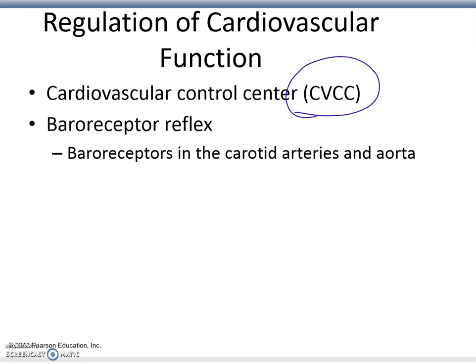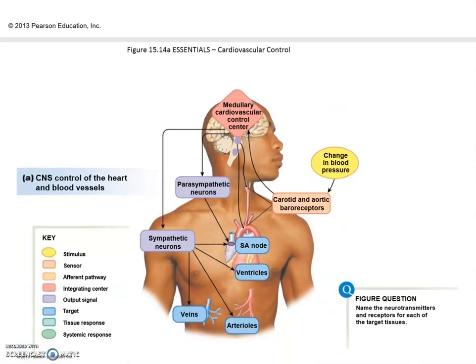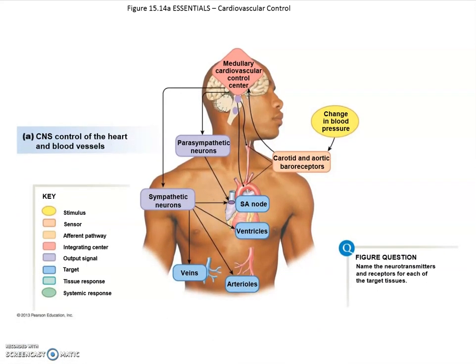That control center is in your brainstem, and if anything would ever happen to that control center, you would not do well at all. Also, the baroreceptor reflex, that is basically a report of the pressure situation, blood pressure that is, in your cardiovascular system, and that will cause changes to the diameter of blood vessels if needed. So the baroreceptor reflex right here.